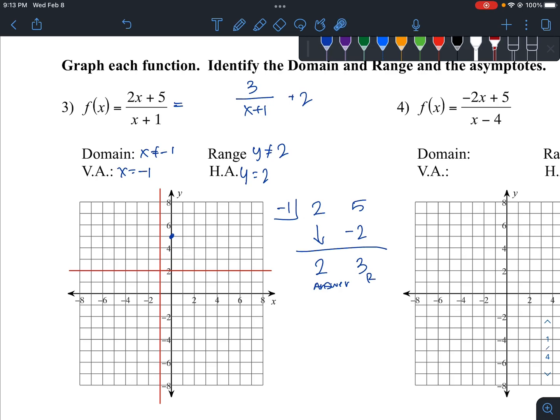I'll go up 1 and over 1, 2, 3. And then I'll reflect those into this quadrant. So that's going to be down 1 and over 1, 2, 3, over 1 and down 1, 2, 3. So there, and right there. And that should be good. Just go ahead and bend it towards your asymptotes.